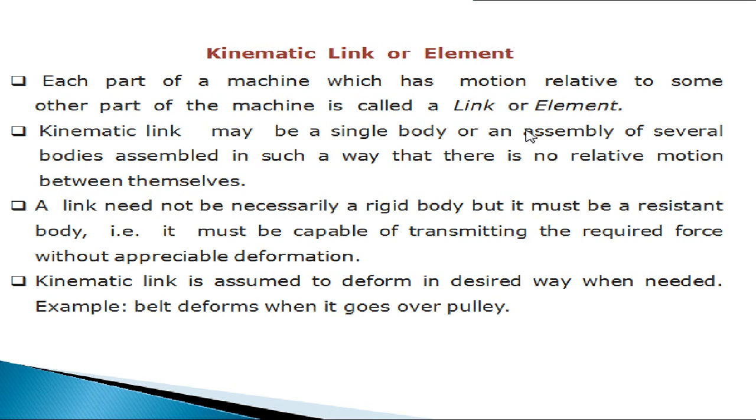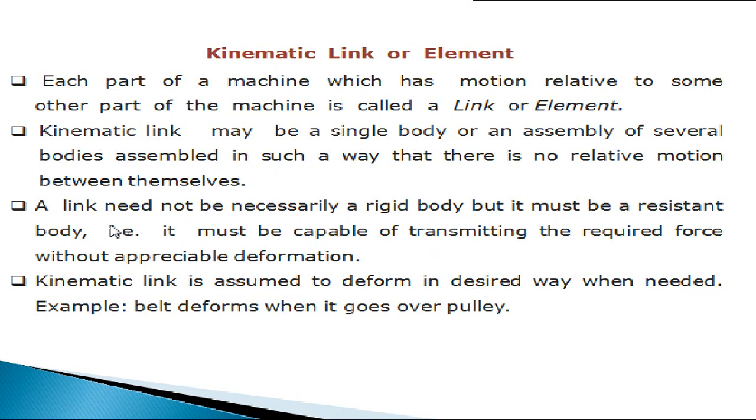A kinematic link may be built as a single body, or it may be built by assembling several bodies in such a way that there is no relative motion between themselves. We'll try to see a couple of examples of that aspect of a kinematic link.